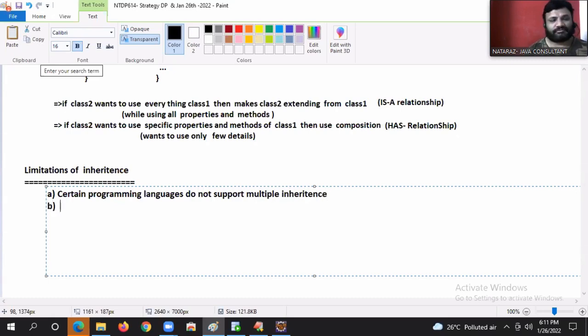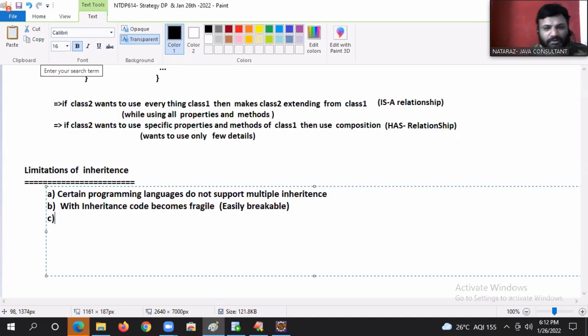Number 2, with inheritance, code becomes fragile. That means easily breakable. You touch one thing, the entire system will collapse, guys.